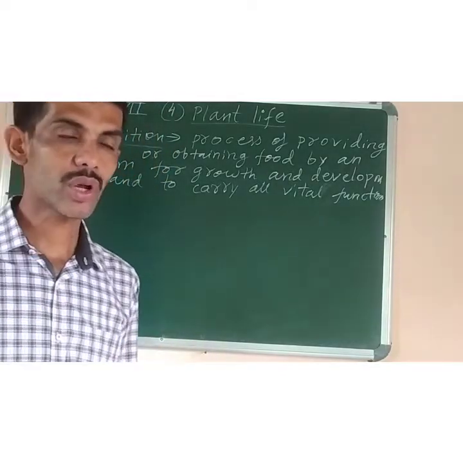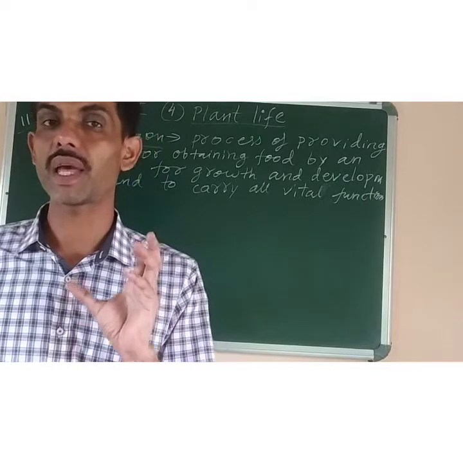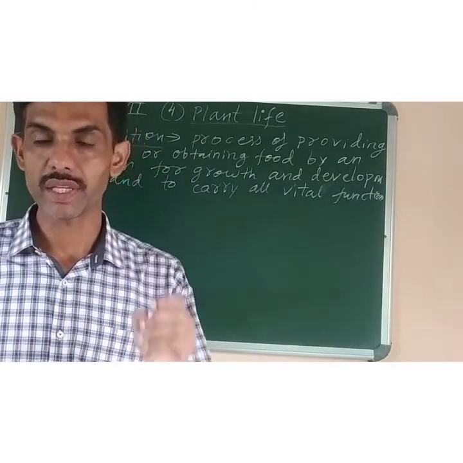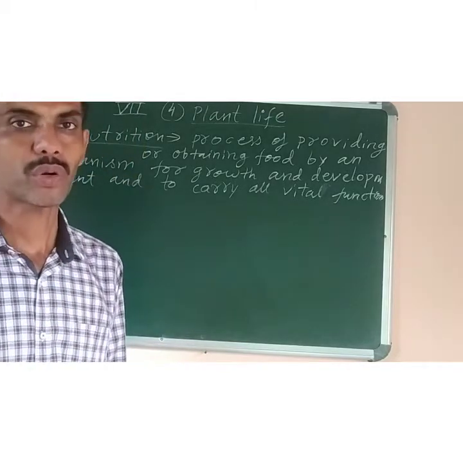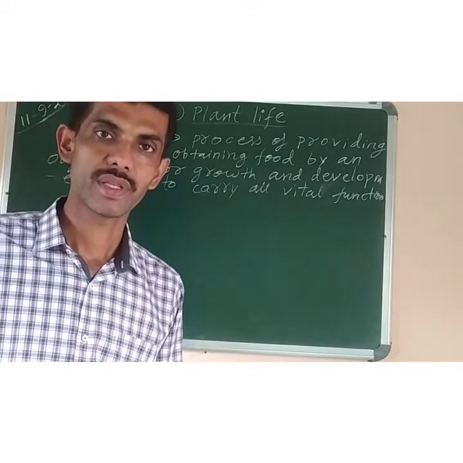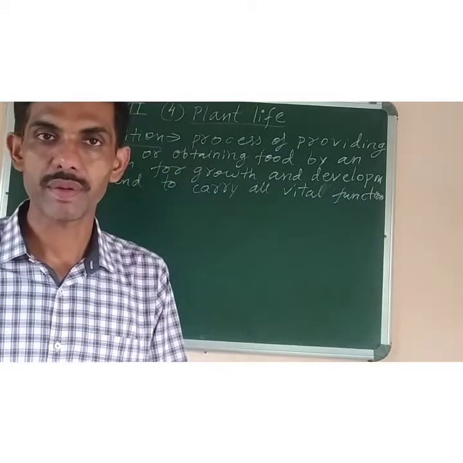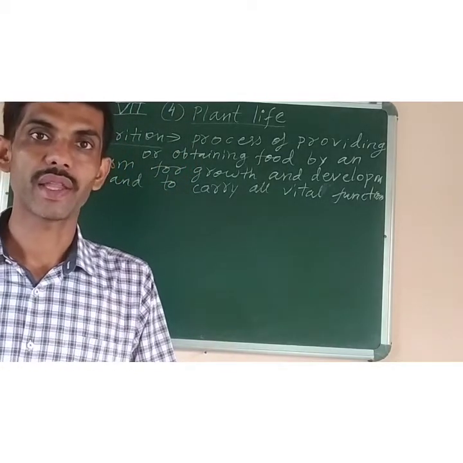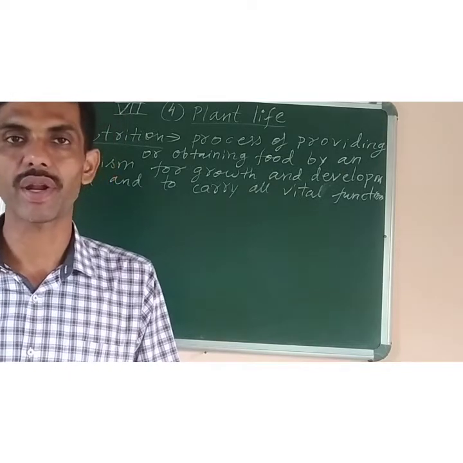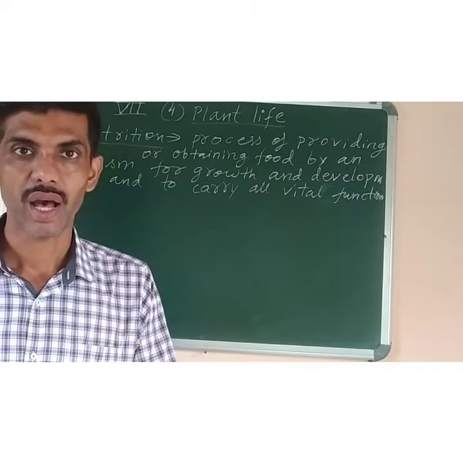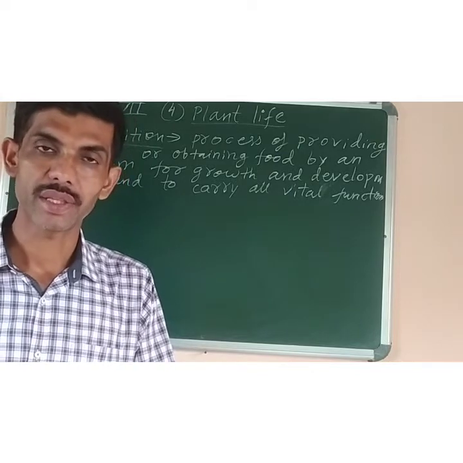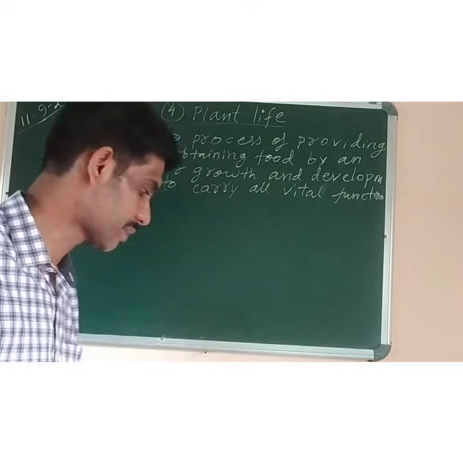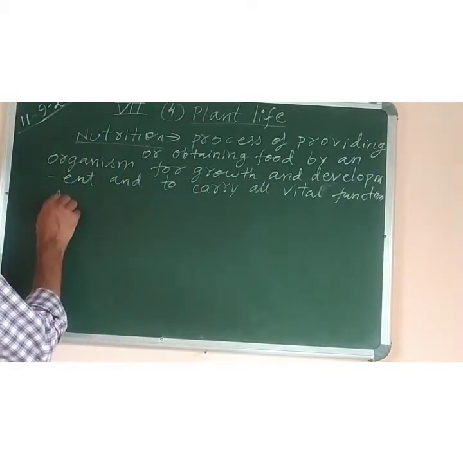So those organisms which can themselves make their own food are called autotrophic, and this mode of nutrition is called autotrophic mode of nutrition. Similarly, all the living organisms, that is the animals, that cannot prepare their own food and depend on the plants directly or indirectly for their food, are called heterotrophs, and this mode of nutrition is called heterotrophic nutrition.